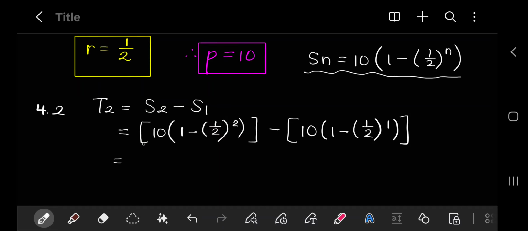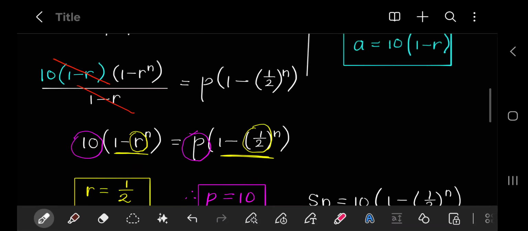Here is S2. We've got 10 into 1 minus a half to the power 2. We've replaced n with 2, minus S1, which would be 10 into 1 minus a half to the power 1. And of course, you're welcome to just put this on your calculator and you should get 5 over 2. So that is what term 2 is equal to.